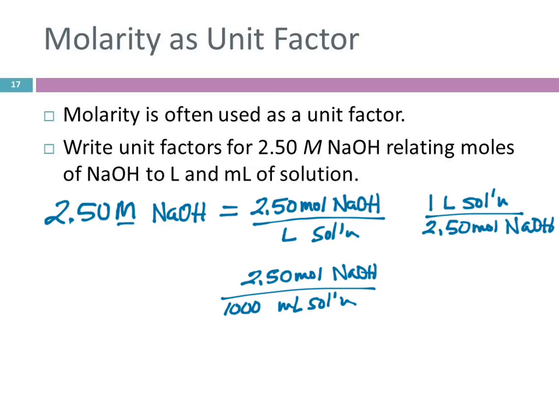Is that the same? A liter is 1,000 milliliters, right? So this is actually the same. Instead of liter, I'm writing 1,000 milliliters. And so this is a unit factor relating moles to milliliters. We could also turn that one upside down. 1,000 milliliters of solution per 2.50 moles of sodium hydroxide. Any questions?